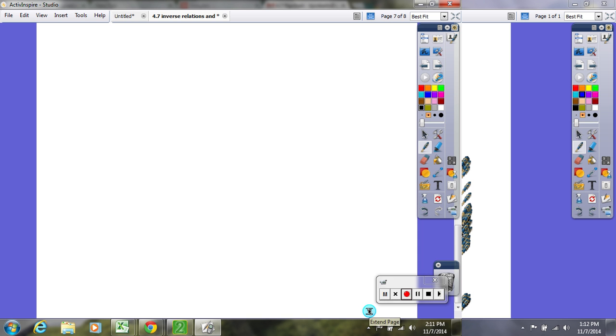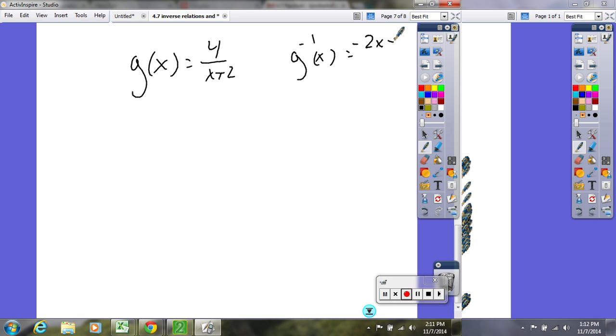Okay, so g of x was what again? 4 over x plus 2, right? And then the other one was g's inverse of x, which was negative 2 over x. Okay, if these are inverses, I should be able to do the composition.